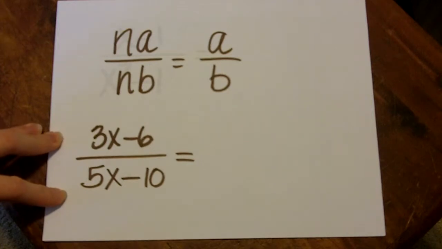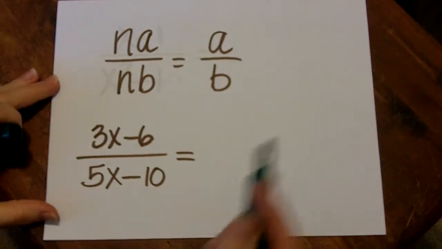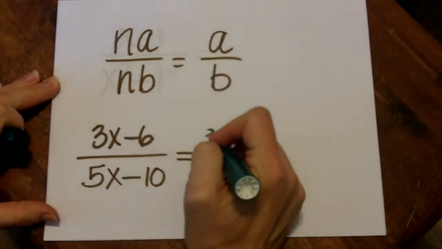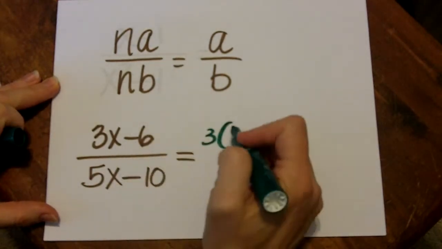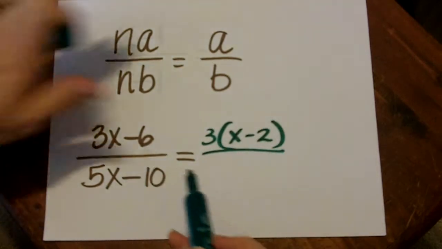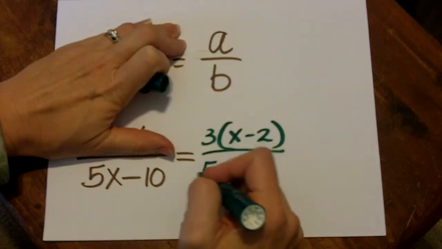And this is where your factoring that you learned in chapter 10 comes into play. Because when you look at 3x minus 6, you can see, I hope, that you can pull out a greatest common factor, 3. And if you do that, then your leftovers would be x minus 2. Well, if you look at the bottom and you have 5x minus 10, you could pull out a 5.